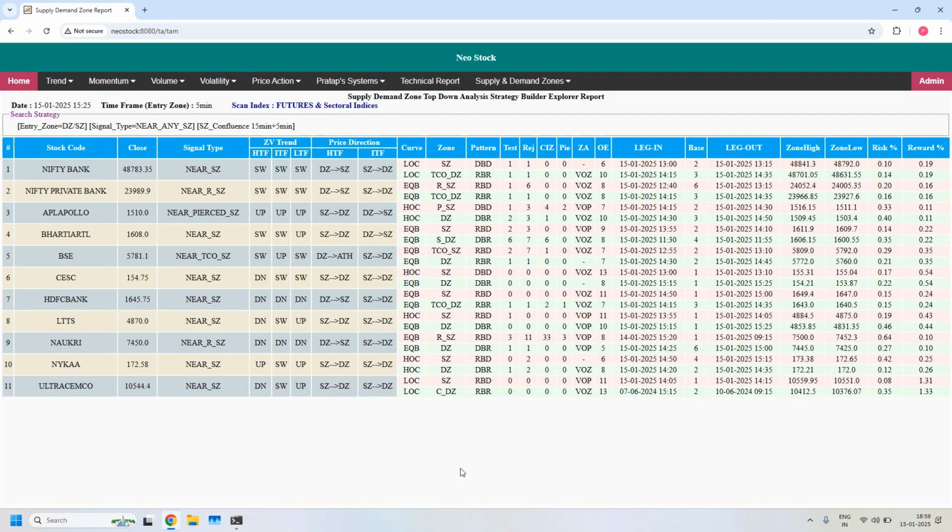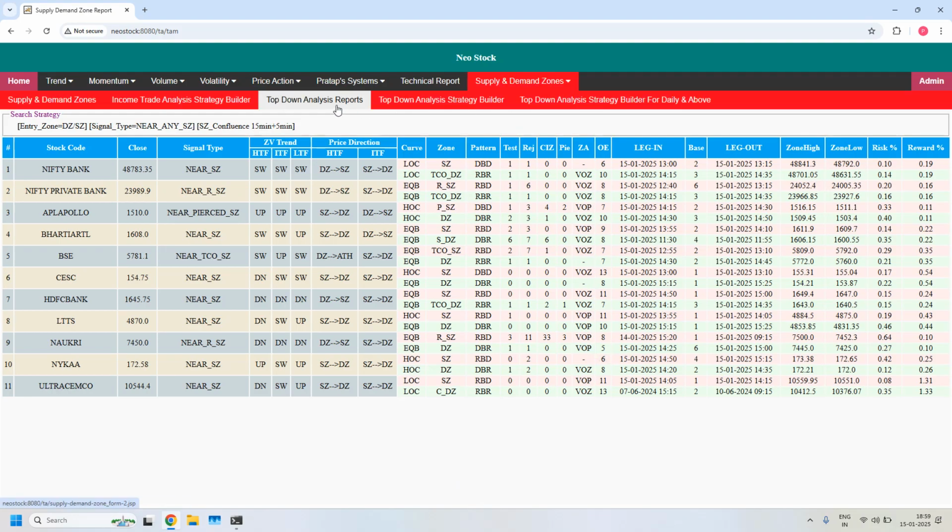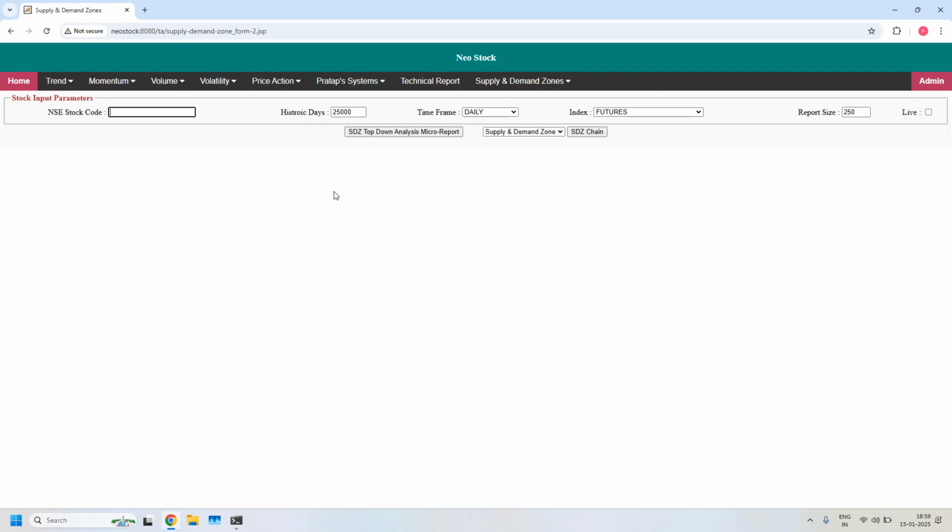Okay, this is about stocks near demand and supply zones. Next, we will identify NIFTY and BANKNIFTY supply demand zone chain. Let us generate. Let's start with NIFTY. Generating monthly supply demand zone chain for NIFTY.